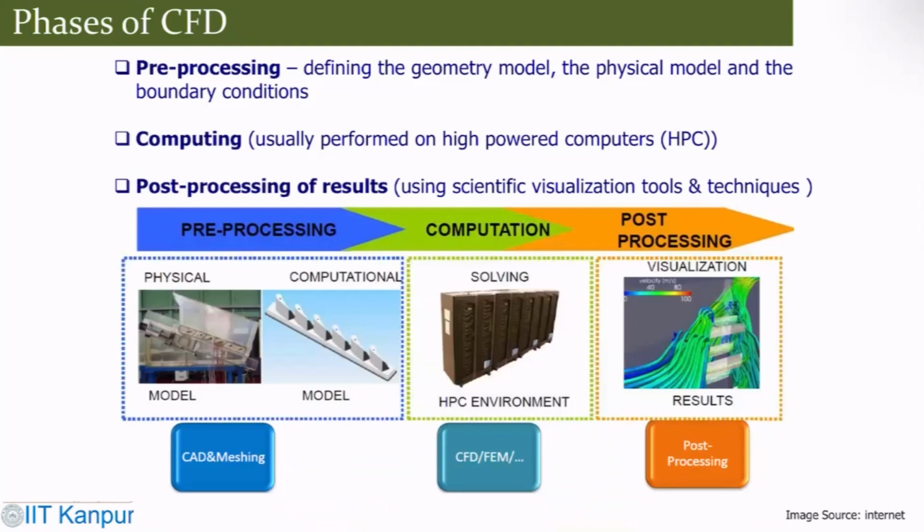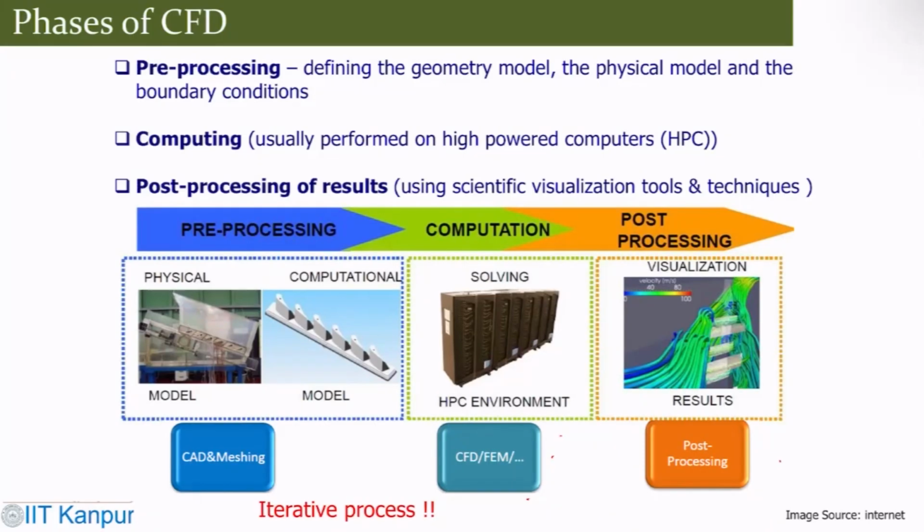So if you look at it, you have this pre-processing stage where you define the physical model and have this grid ready. Then you do the solution using your numerical tool during computation, then finally analyze the results. So this is an iterative process.